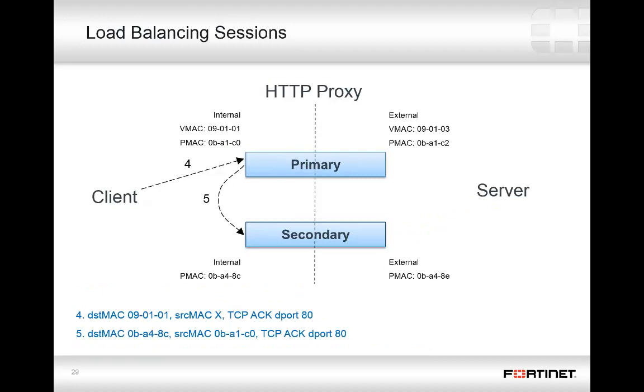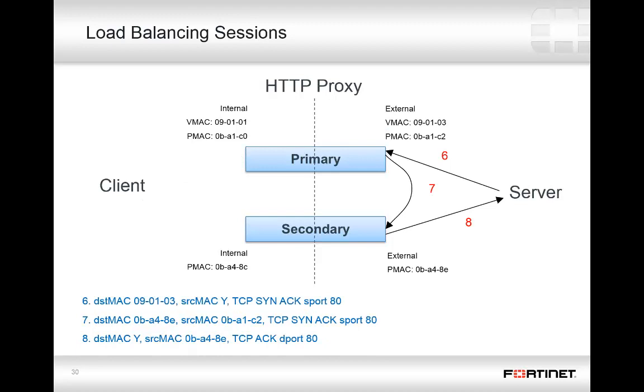Next, the client acknowledges the ACK. It's forwarded again to the primary, who signals the secondary. Finally, the server responds to the TCP SYN sent by the secondary. Again, the packet is sent not to the secondary, but the primary, so the primary signals the secondary.